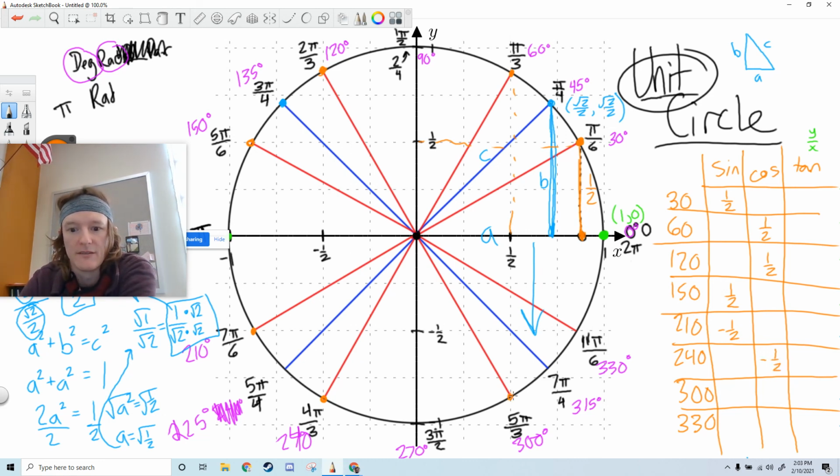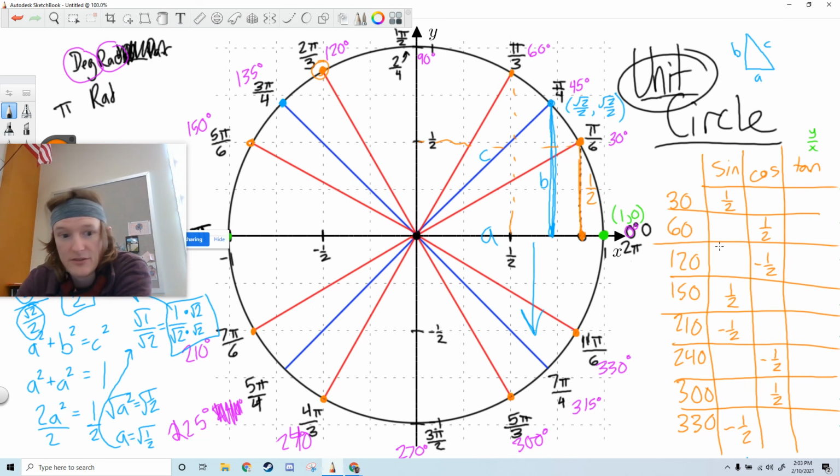At 300, our cosine is 1/2. I think I need to fix one of mine up above. And at 330, we have a sine of negative 1/2. So I should have 4 positives and 4 negatives. I think I forgot that 120 cosine is negative 1/2.